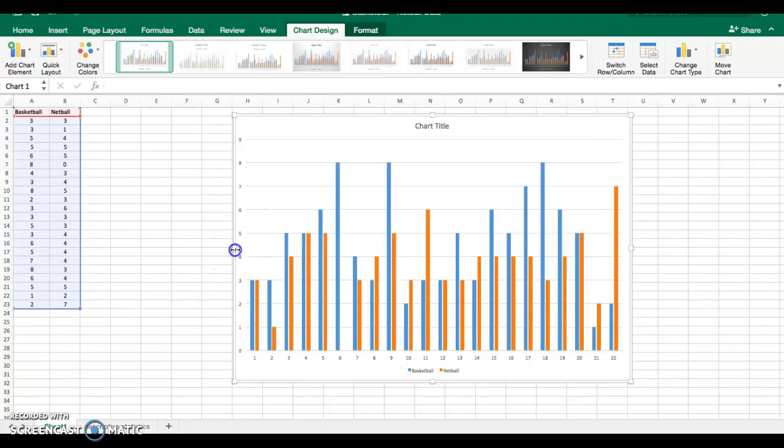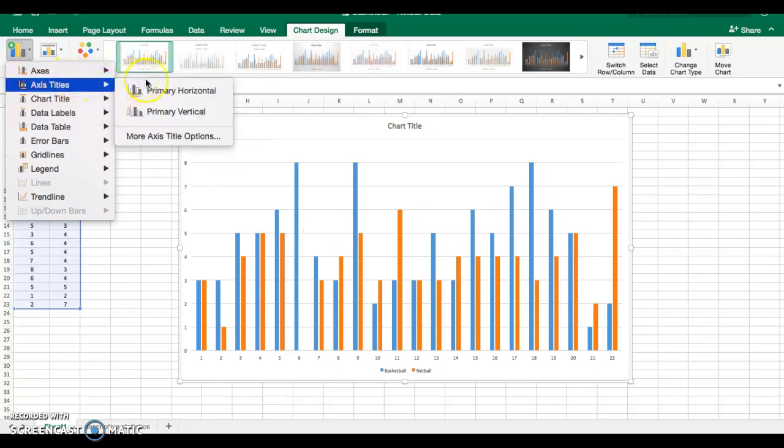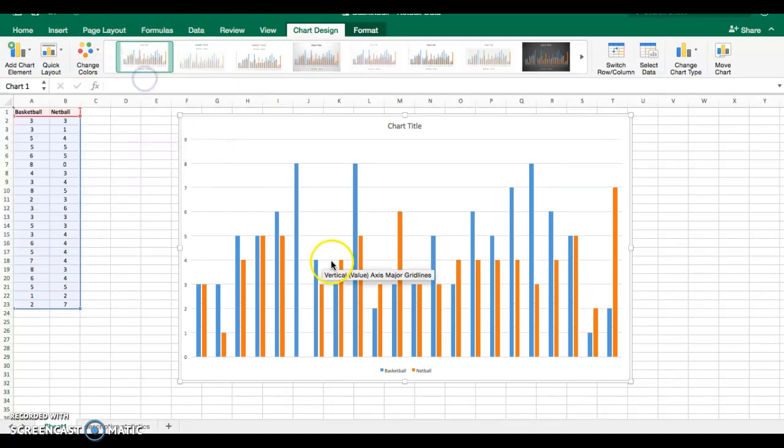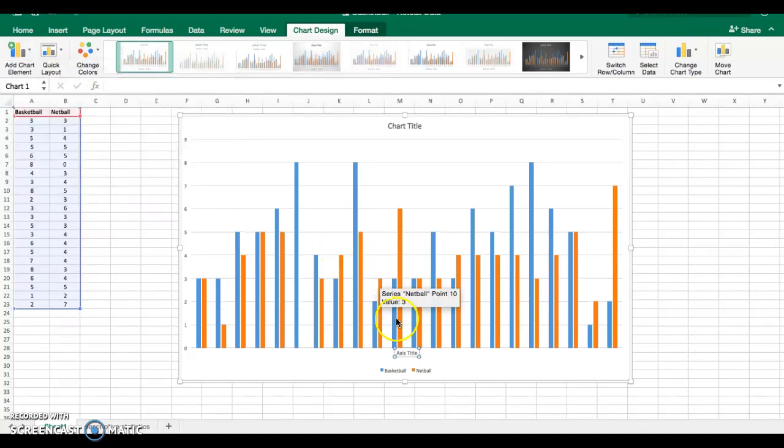So to start off with, I'm just going to rename the axes. Just starting with the primary horizontal one, which has come up here. So this is the amount of participants. So I'm just going to rename it participants, like so.